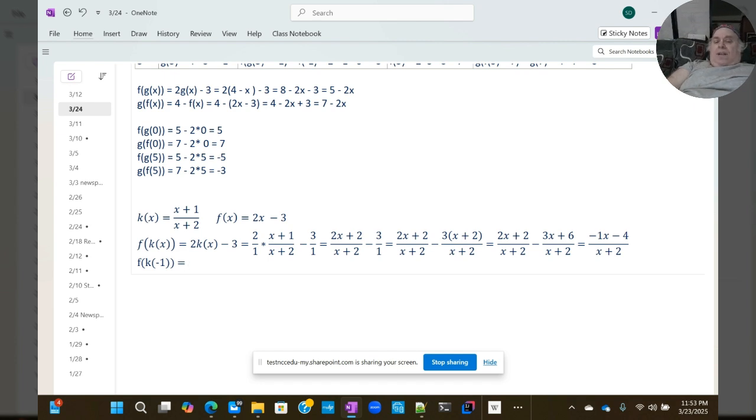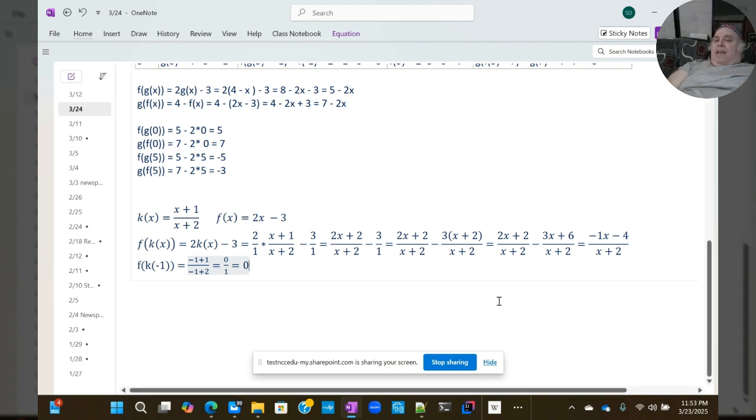It's going to equal minus 1 plus 1 over minus 1 plus 2, which is going to equal 0 over 1, which is 0, I mean.